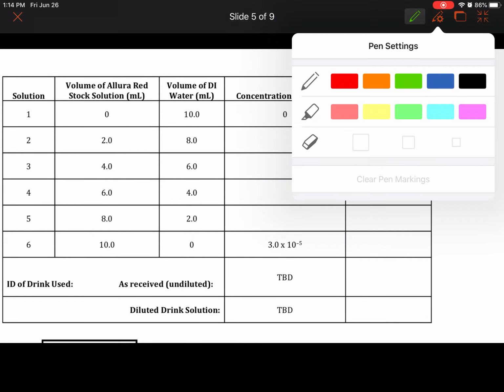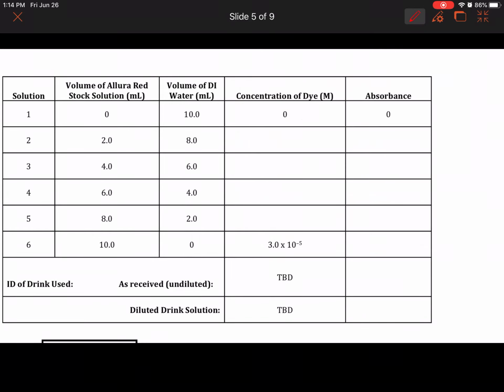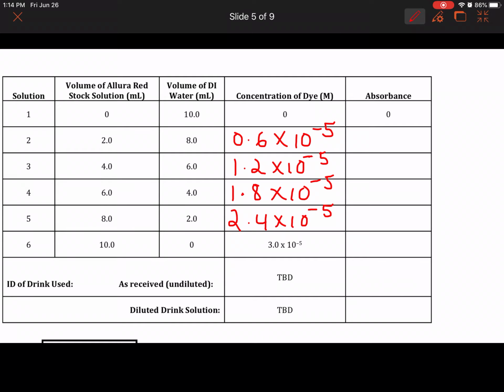So for the first one it's 0.6 into 10 to the negative 5, second one 1.2 into 10 to the negative 5, third one 1.8 into 10 to the negative 5, fourth one would be 2.4 into 10 to the negative 5, and then the last one we did not add any water, only Allura red, so the concentration didn't change.